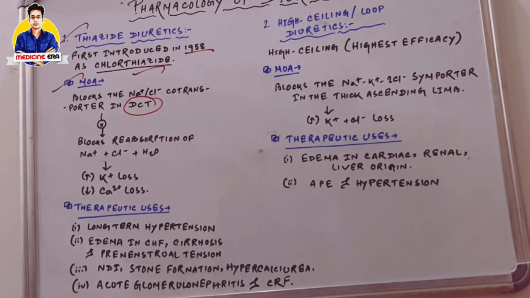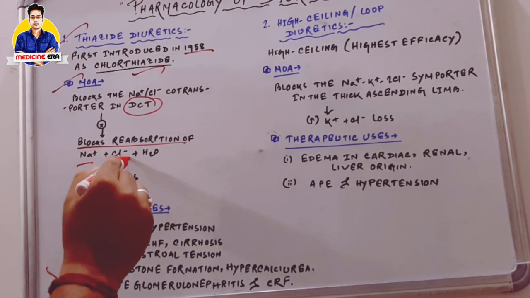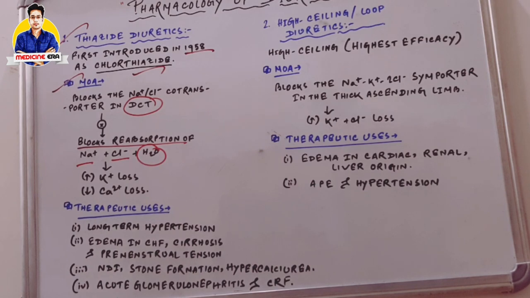Okay. So by blocking the Na+ and Cl- co-transporter, it also blocks the reabsorption of sodium, chloride and H2O. In the nephron, reabsorption is a very important process by which some essential products get back to the blood and the unused products go out from the body. So this reabsorption process is very important for the decrement of the volume of urine.